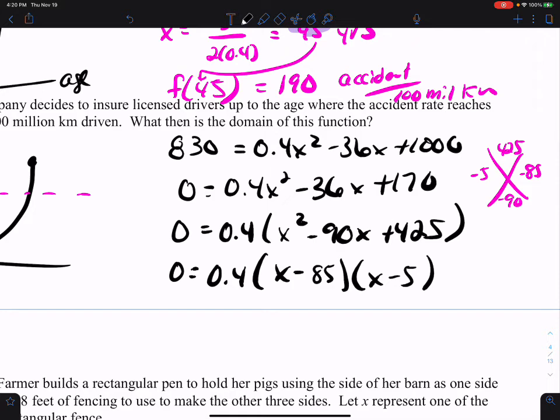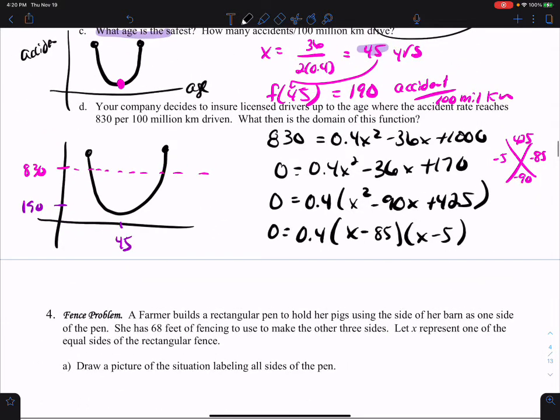So what would be an appropriate domain for our function here? When I'm thinking about which driver I should insure, what's an appropriate domain? Remember, domain is just all the x values that we could plug in here. We know that 5 is one of the answers that gives us that 830, and 85 is the other one that gives us that answer.